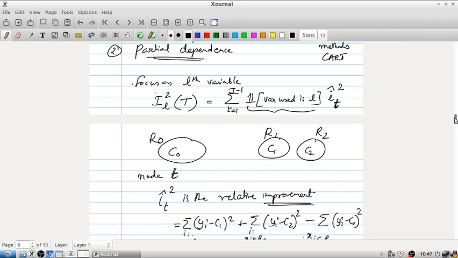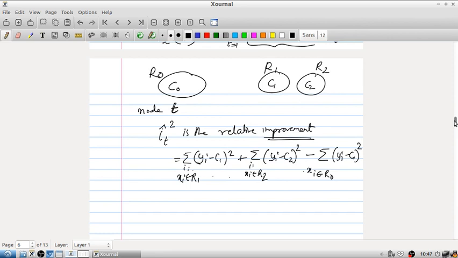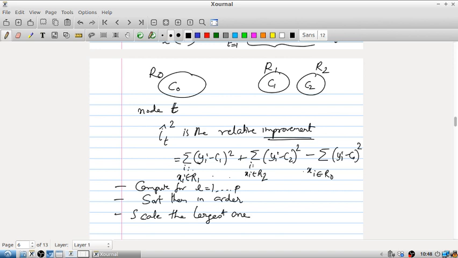And then you can sort them in order, and scale so that the one with the largest importance is the largest scale.